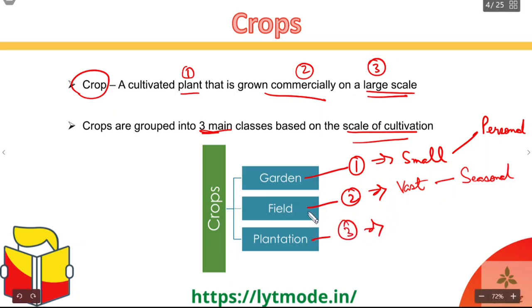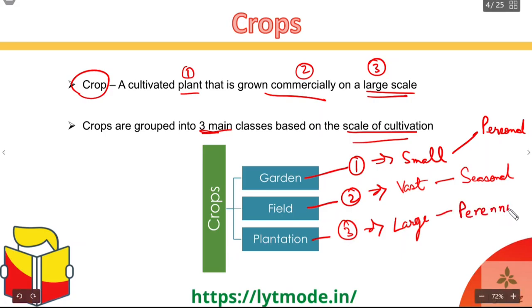Now this lies in between the field and garden in terms of the size. So it's a large scale but not as large or as vast as the field crops. Okay, so it's a large scale, but these crops are not seasonal. Why? Because they have a lifespan of at least 2 or more than 2 years. So these crops are basically known as perennial crops.